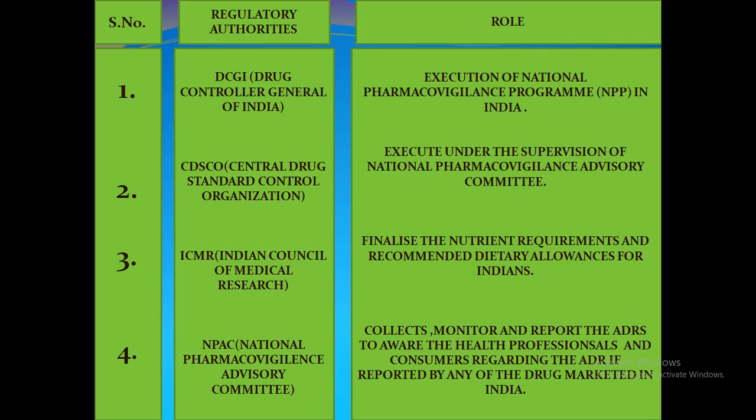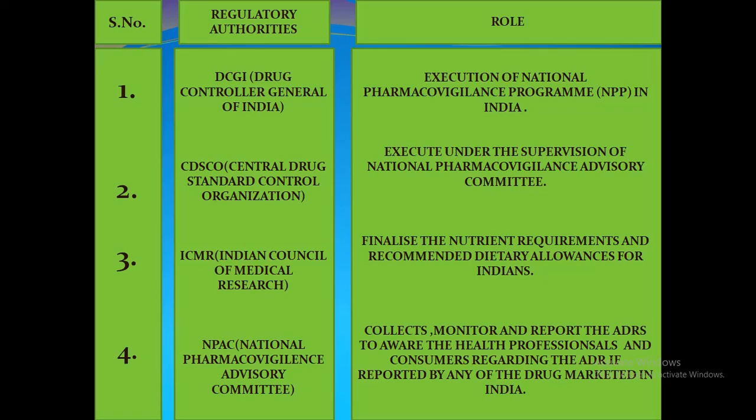First authority is the Drug Controller General of India. Their role is execution of the National Pharmacovigilance Program in India. Next authority is CDSCO, that is Central Drug Standard Control Organization, and their role is to execute under the supervision of the National Pharmacovigilance Advisory Committee.